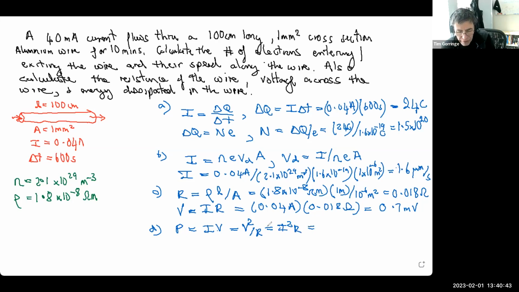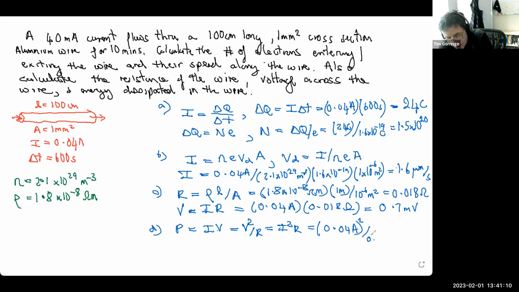So all three of these equations represent the power dissipated in the wire in terms of current, voltage, and resistance, or pairs of combinations of current, voltage, and resistance. I'm going to use I squared R. So I, we were told that in the problem, it's 0.04 amps. We've got to square that. And then we've got to multiply that by the resistance.